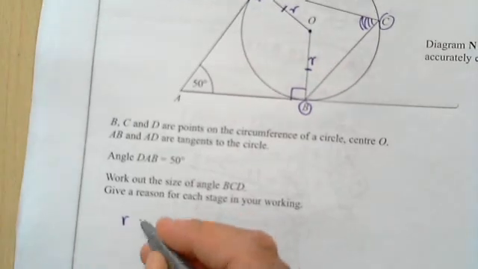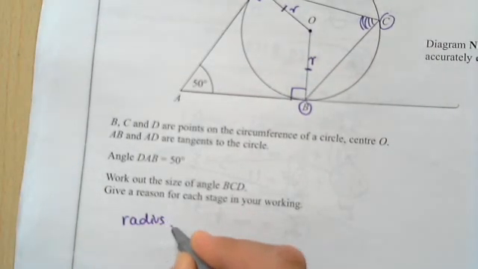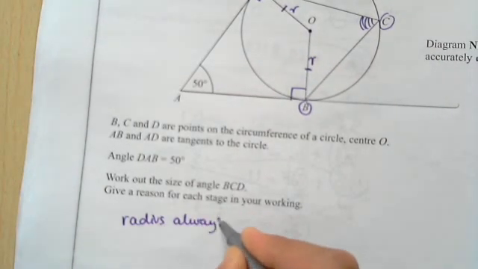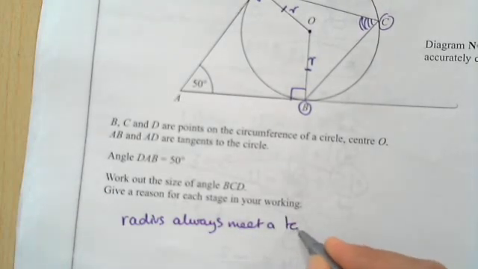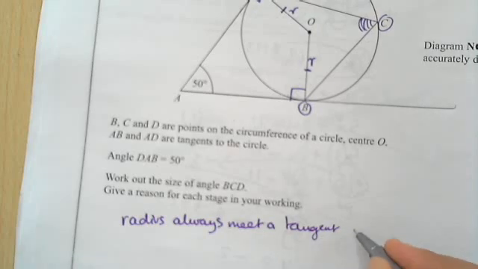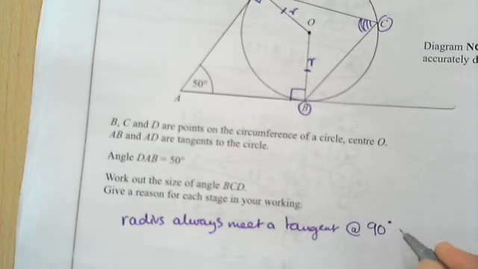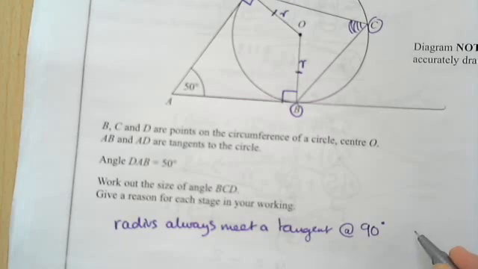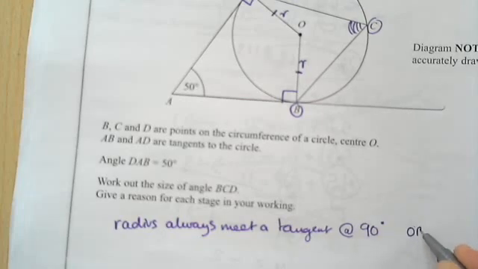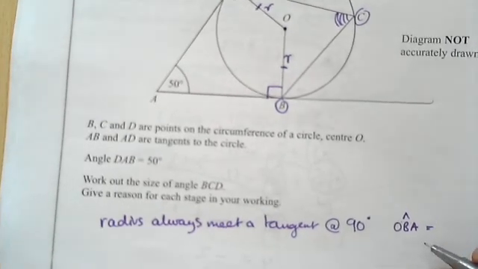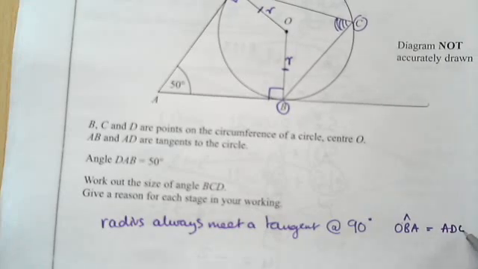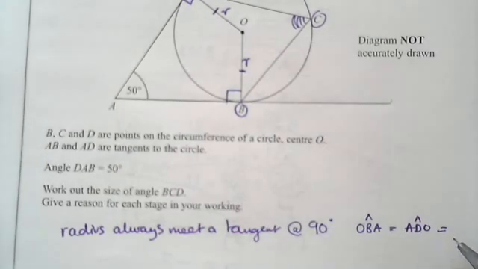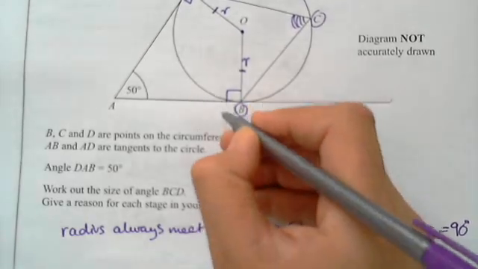So angle OBA is equal to angle ADO. So we have our 90s.